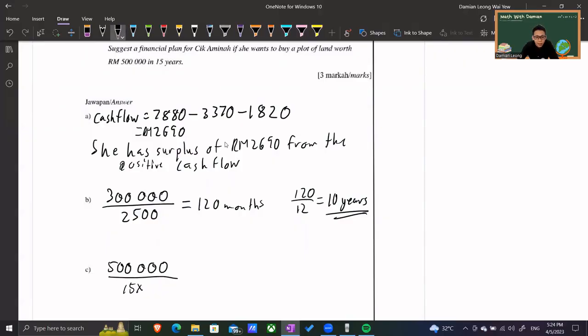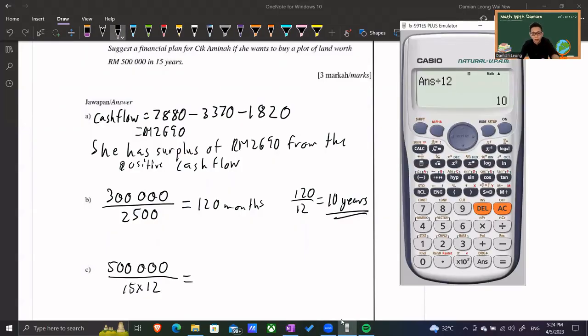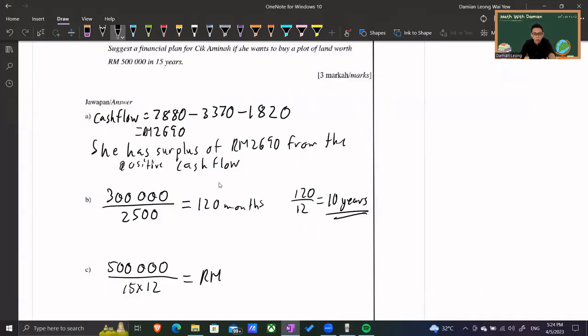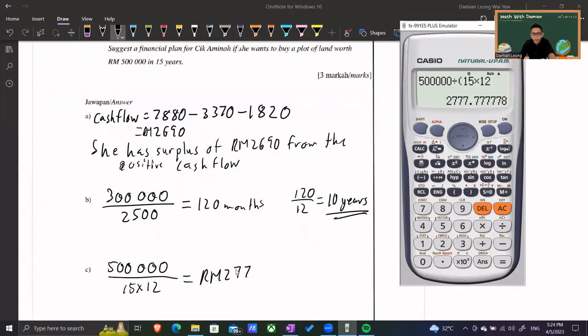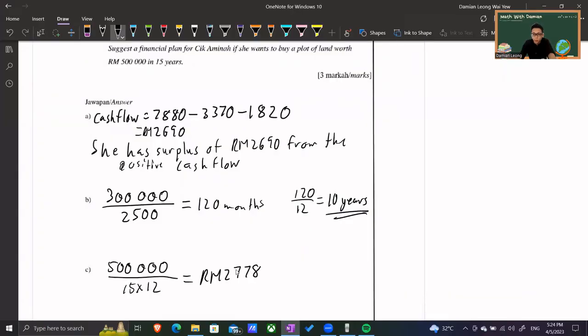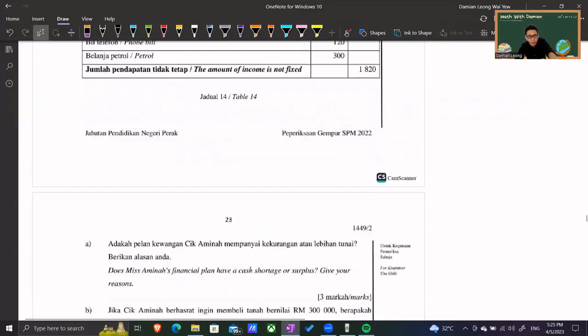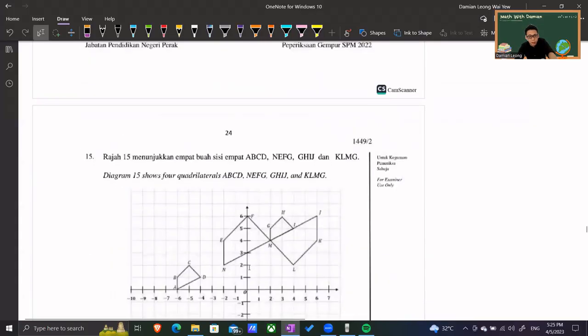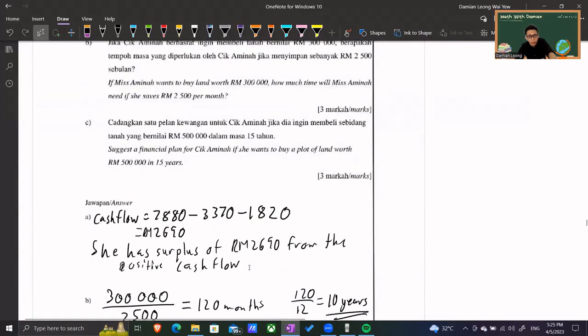So 15 years times 12 months a year. 500,000 divided by (15 times 12), which is 2777.8. Let's round off to the nearest ringgit: 2,778. Means each month she has to save 2,778 ringgit.